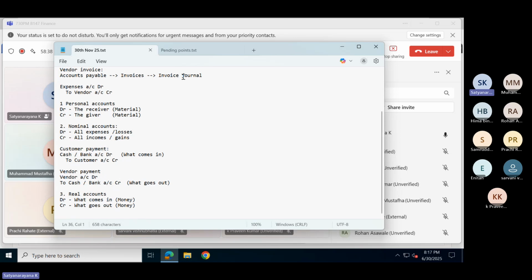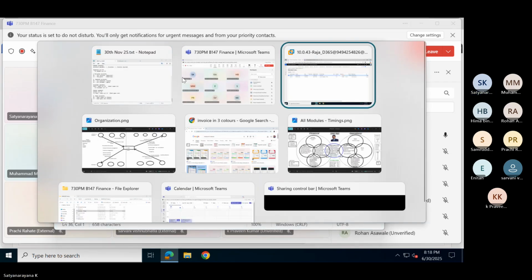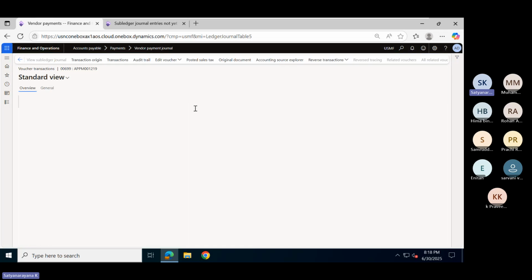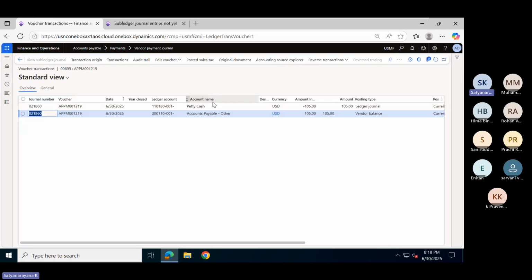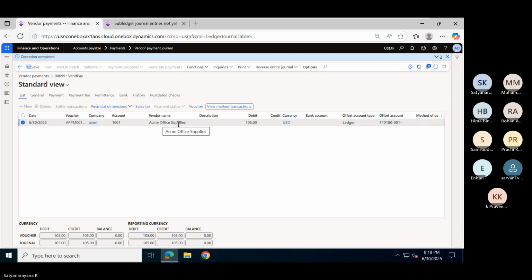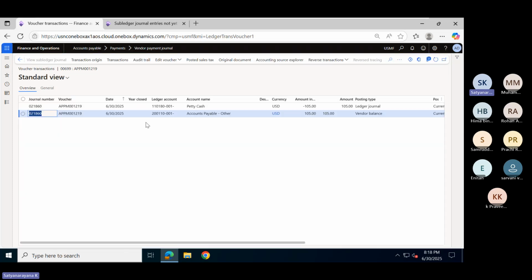Now in this, look at this one. Here it is 110180 cash account, well and good, 110180 petty cash account. It is credit. But whereas the vendor account, account number 1001, ACME office supplies, if I go inside, it is showing accounts payable.